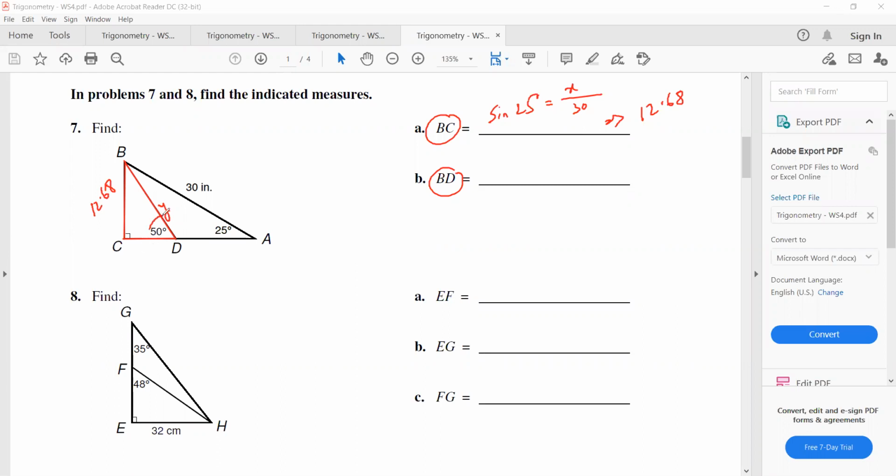So this is the angle given. Opposite and hypotenuse again. Sine 60 degrees equals 12.68 divided by y. y equals 16.5. 16.5 is correct.